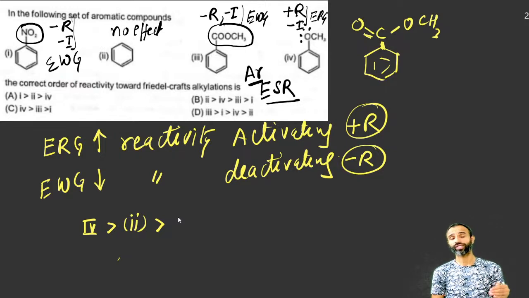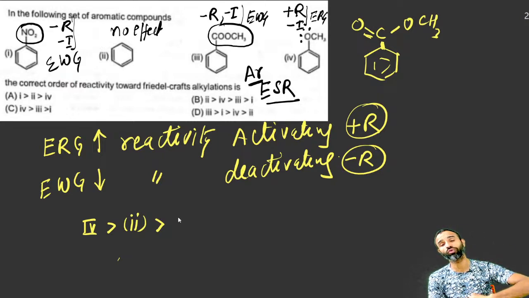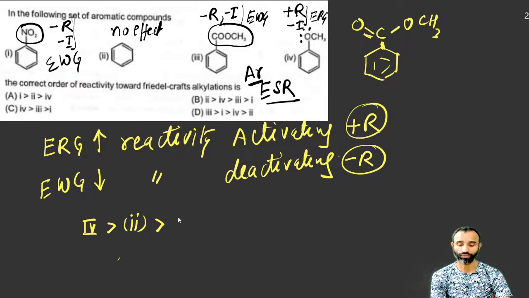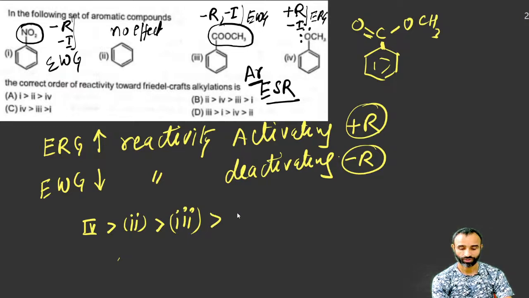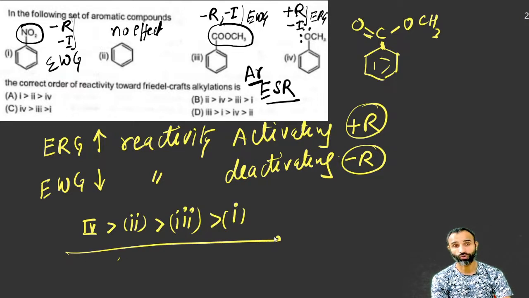Out of first and third, which one is more electron withdrawing? Yes, NO2 is more electron withdrawing, so it deactivates the ring to a large extent. That's why first is least reactive. So it should be in this order: fourth, second, third, first.